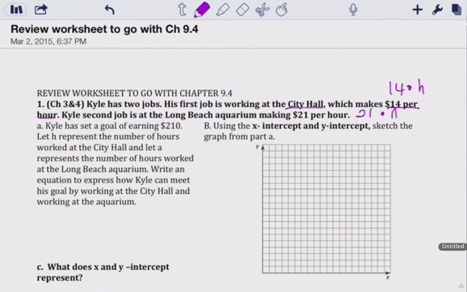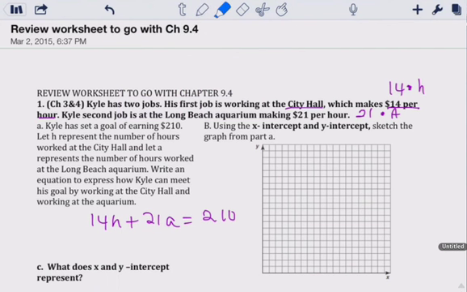So we're going to use A here for aquarium. Kyle sets a goal of earning $210. So 14H plus 21A equals 210.